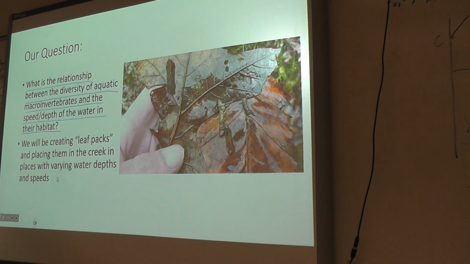And Mr. Barron next door, his classes are doing the same thing. So potentially we might actually combine all the data, not just from our class and my other biology class, but from all of the classes together.